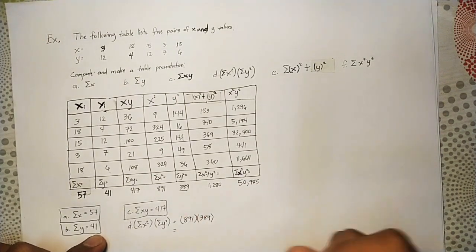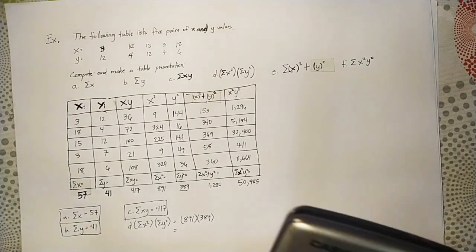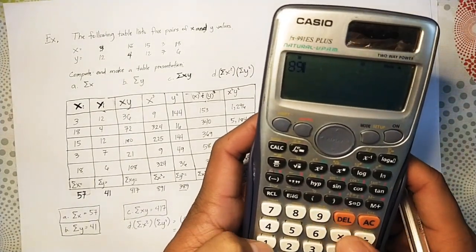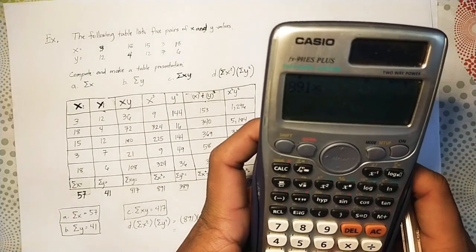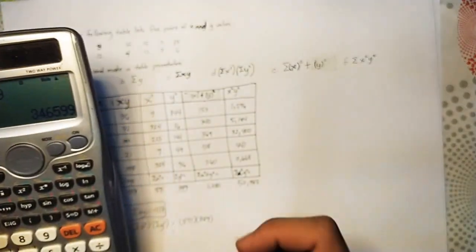Now, you have the values of summation of x squared and y squared. So, pag-multiply lang natin sila. So, we have 891 times 389. So, your answer is 346,599.